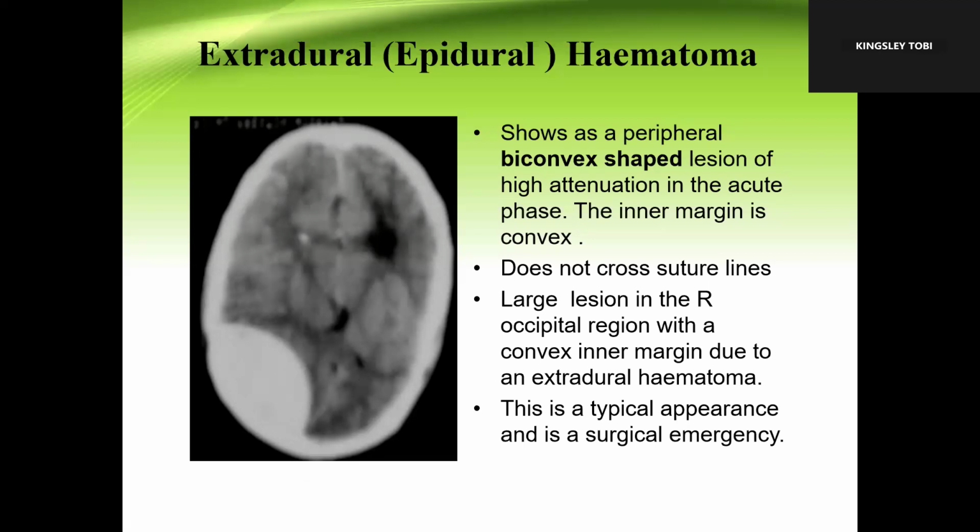So maybe this is a few days after the injury. The lesion on the right occipital region is typical and is a surgical emergency. So when your neurosurgeon begins to discuss with you and you see this image, this hematoma needs to be evacuated as soon as possible.